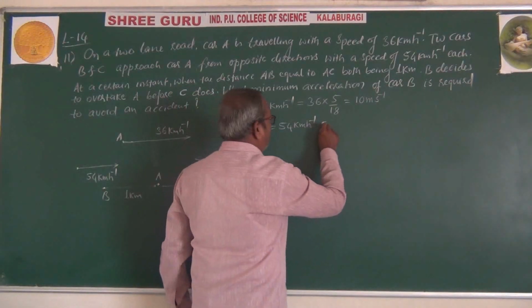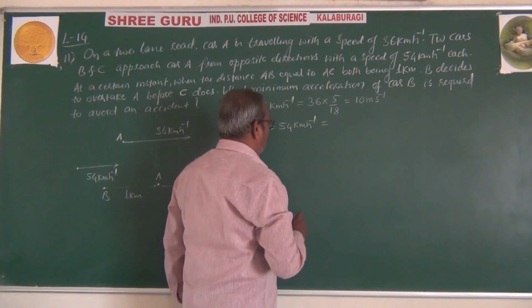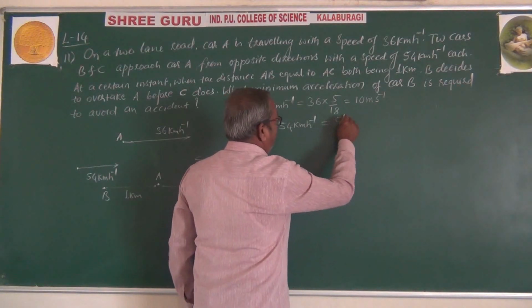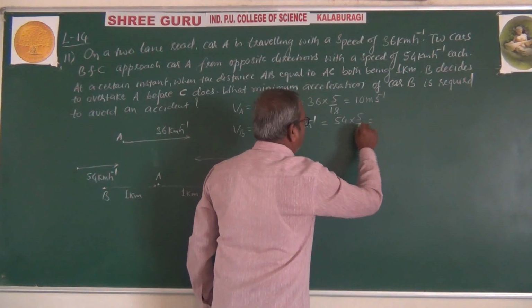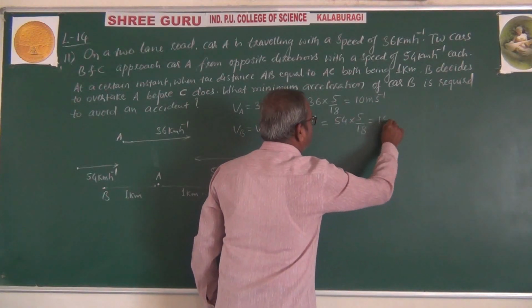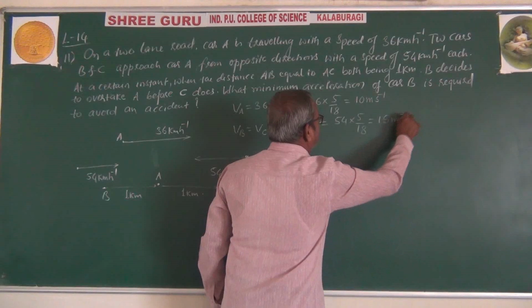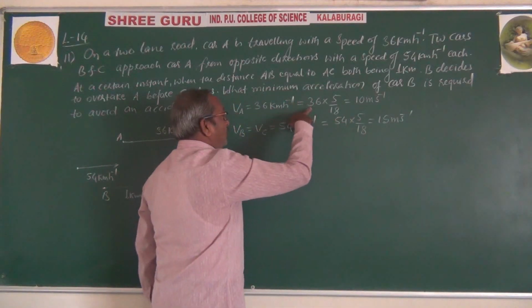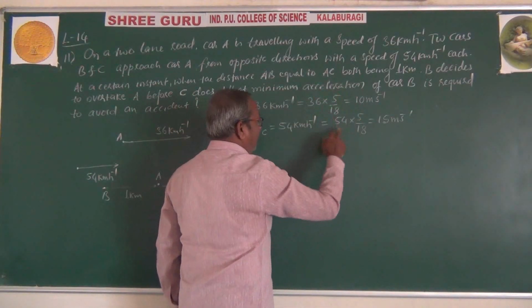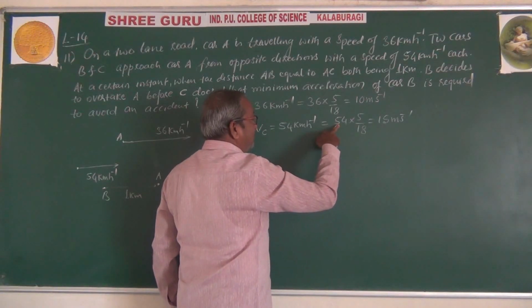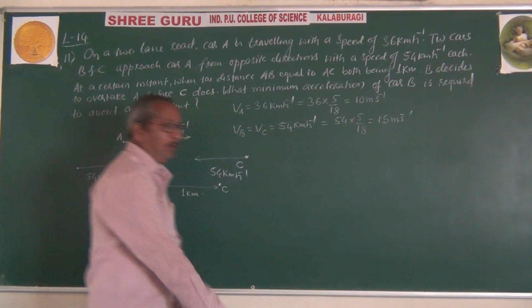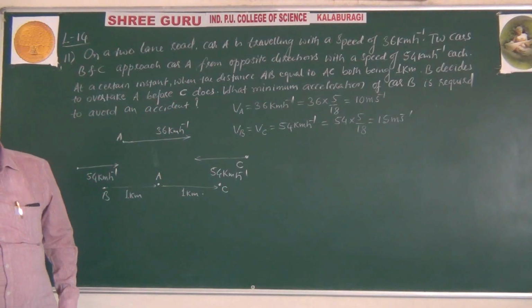This also we have to convert into meters per second by multiplying 5 by 18. Multiply: 18 times 3 is 54, 3 into 5 is 15 meters per second.